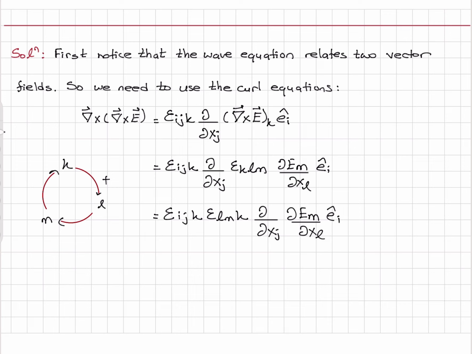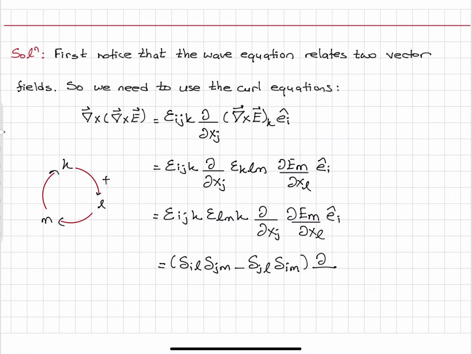Now the k index is in the same position, so the Levi-Civita identity tells me Kronecker delta first indices, Kronecker delta il, Kronecker delta second indices, jm, minus Kronecker delta inner indices, jl, and outer indices, im.